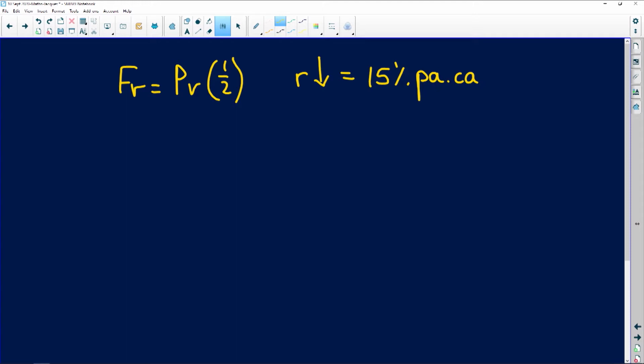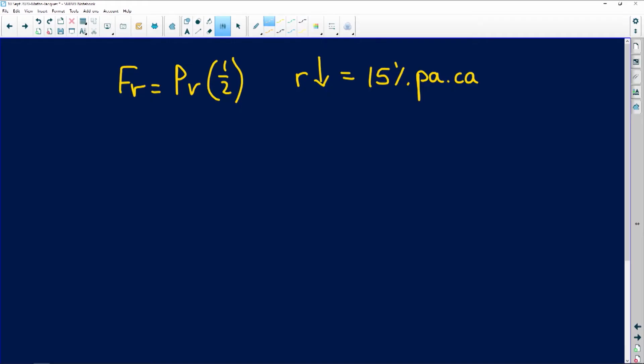Okay, so folks, let's have a look at what we do here. The future value on the left-hand side can be replaced by half the present value. Usually we would say the future value is the present value, 1 plus i to the n.